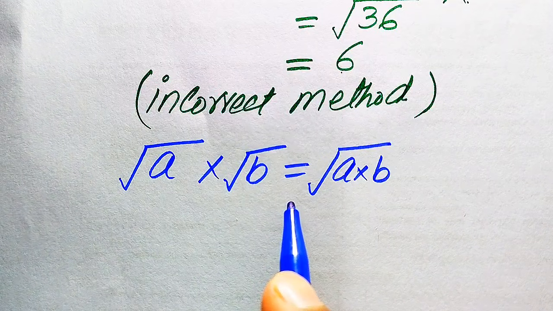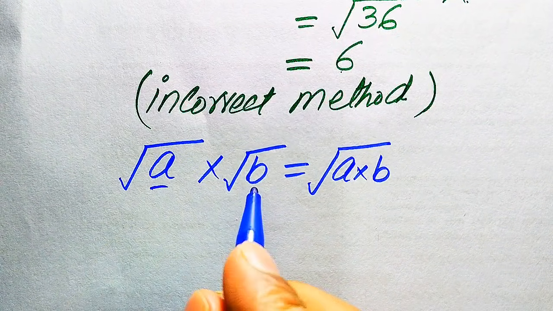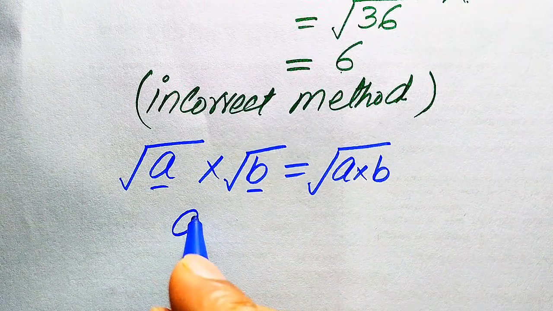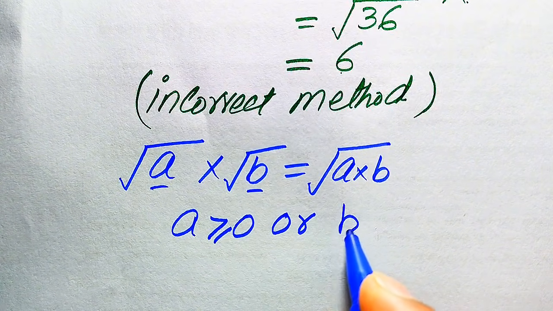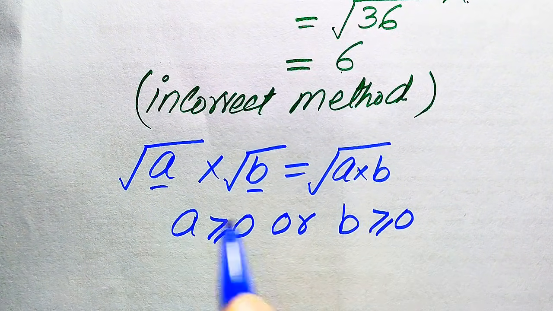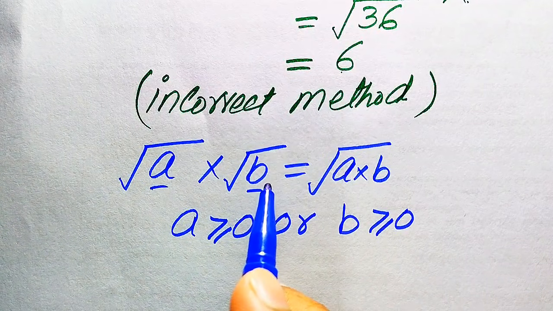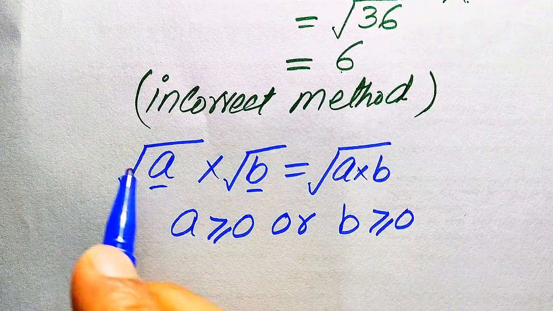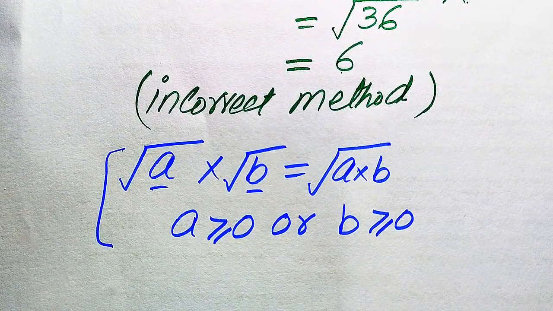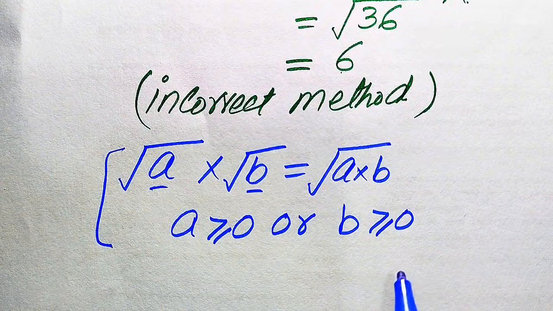But it holds only if we have some conditions on a and b: a should be greater than or equal to 0, or b should be greater than or equal to 0. So if any one of the numbers is positive, then we can use this product rule of radicals. Otherwise we cannot use it here.